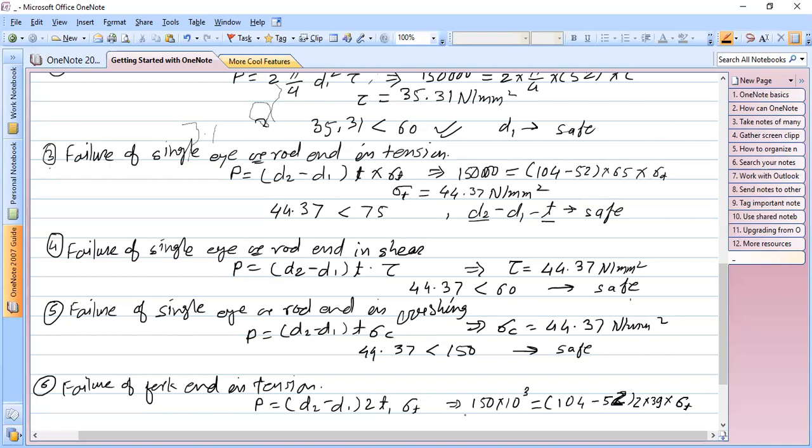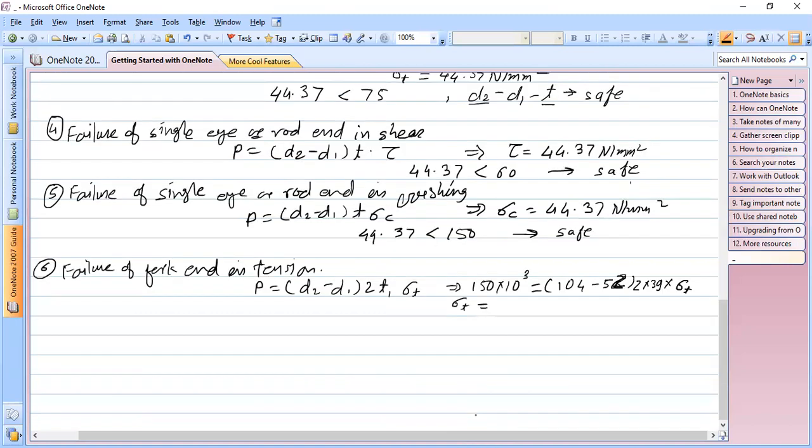From here we'll get sigma T value. From there, tell me, sigma T value, how much are you getting?